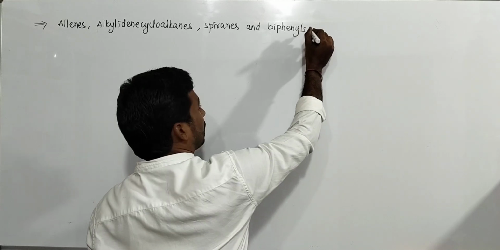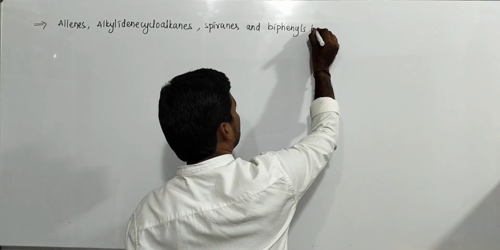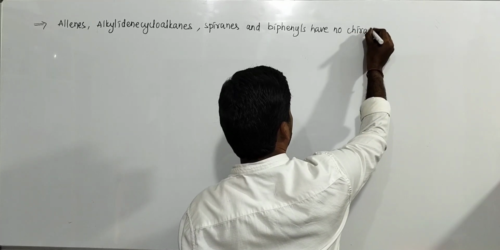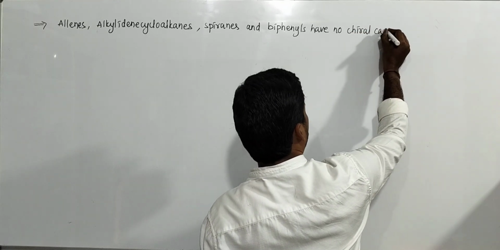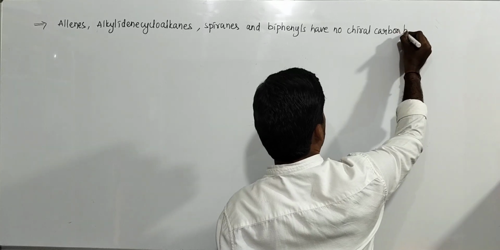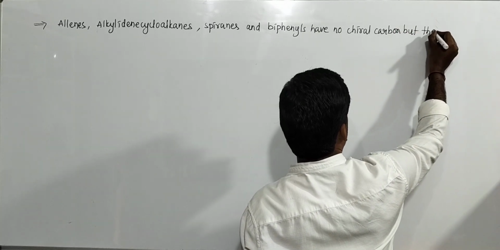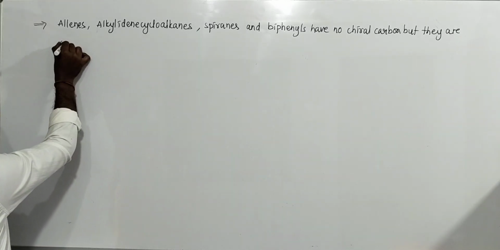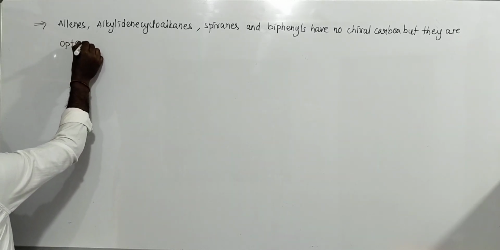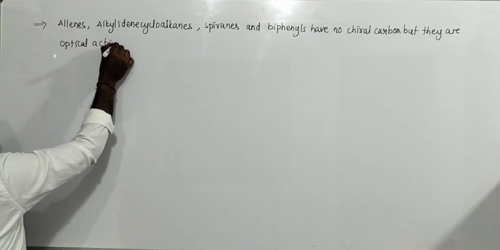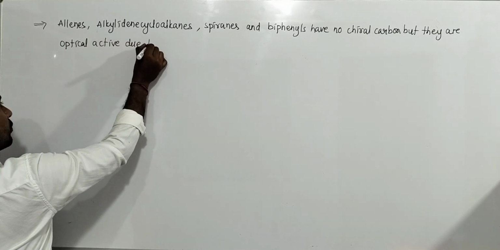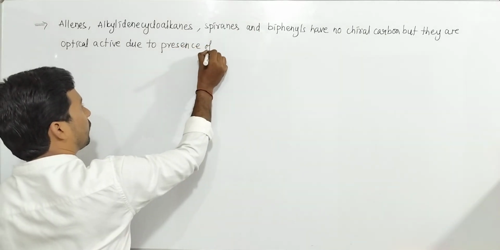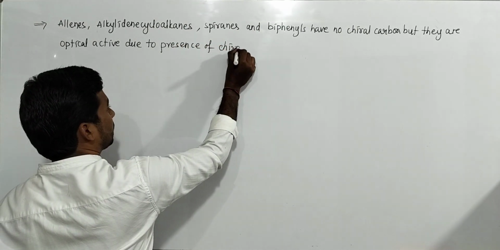Biphenyls have no chiral carbon, but they are optically active due to the presence of a chiral axis.